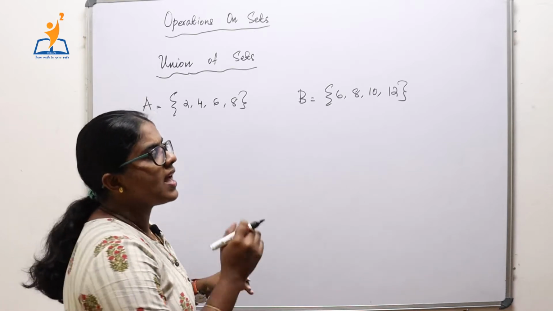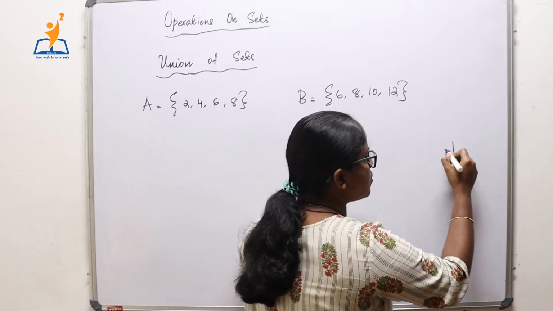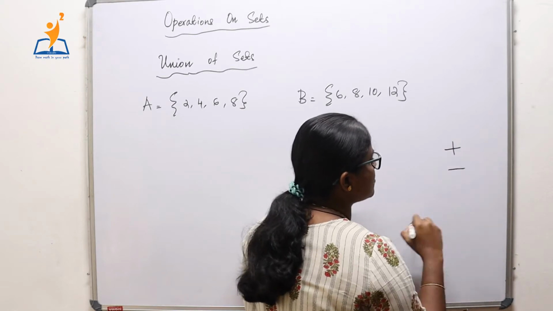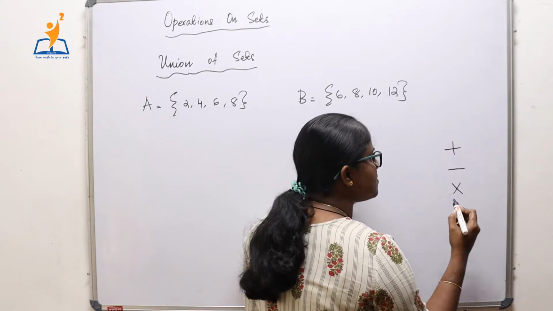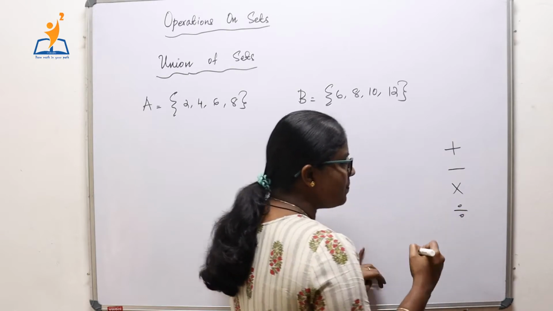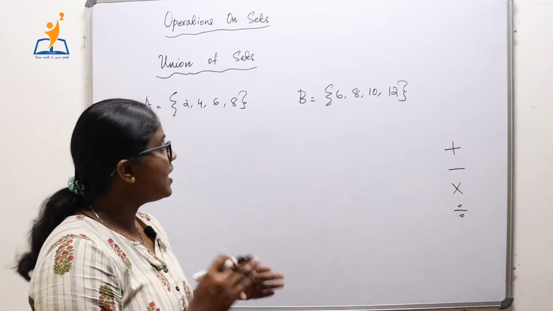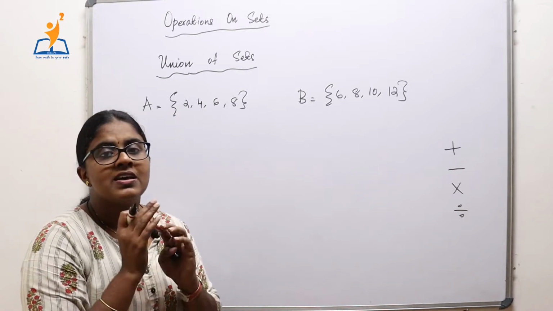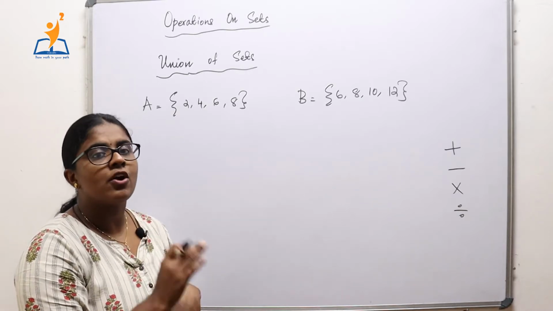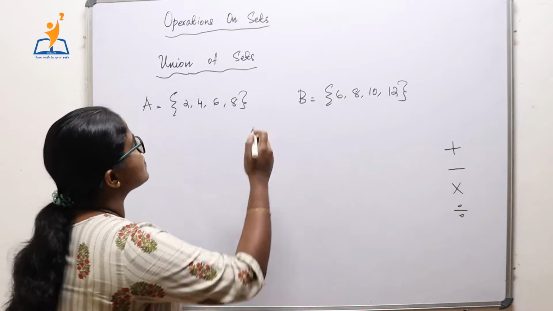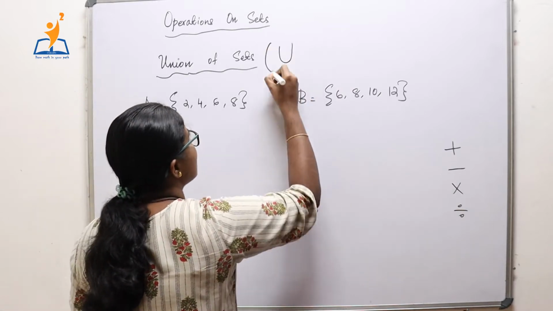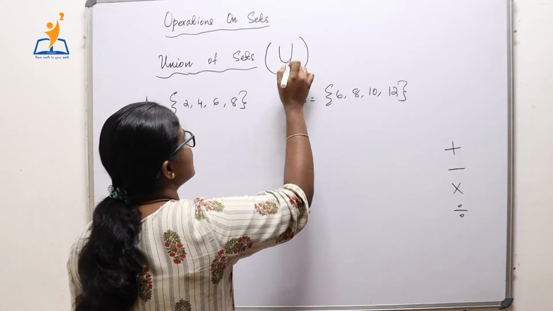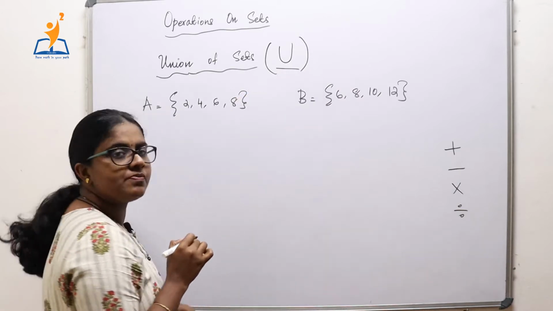Then we know that we denote addition using this symbol, subtraction using this symbol, multiplication by this symbol and division by this symbol. For numbers we use those symbols, and here for sets the symbol denoting taking union of sets is this particular symbol, that is this one.